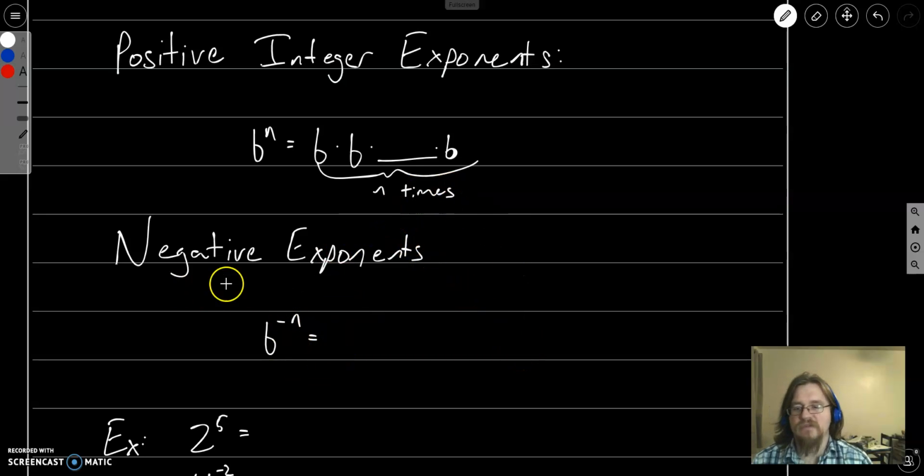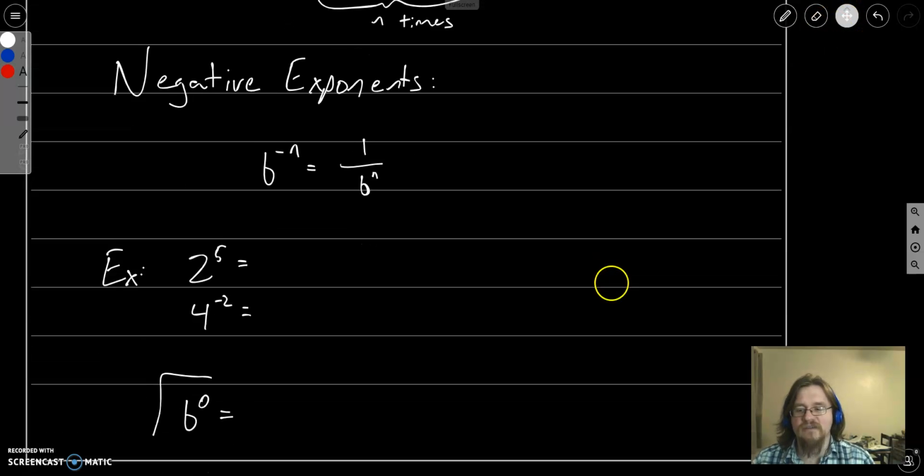If we have a negative exponent, that just means that we're going to flip the fraction over. So b to the n is just b times itself n times. b to the negative n just means b times itself n times, but on the bottom of the fraction. So whenever we see a negative exponent, we're just going to put it on the other side. If it's in the numerator, on top, we move it to the bottom. If it's on the bottom, we move it to the top.